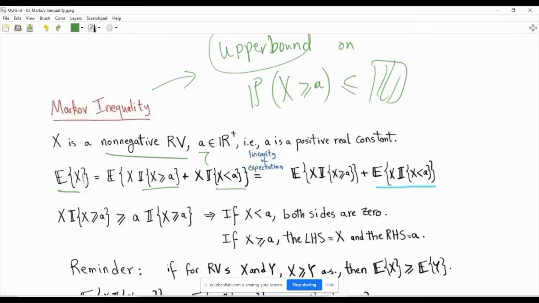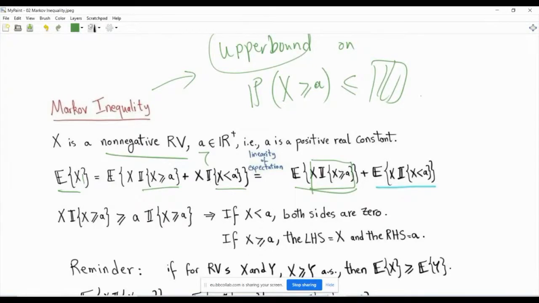Then by the linearity of expectation, you can split this expectation into two terms. The first term will be the expected value of X multiplied by the indicator of X greater than or equal to a. The second will be the expected value of X times the indicator of X less than a. So let's try to think about those terms, starting with this one here.